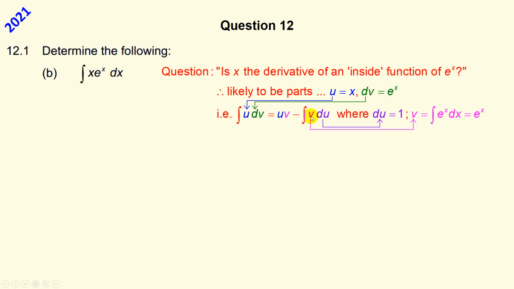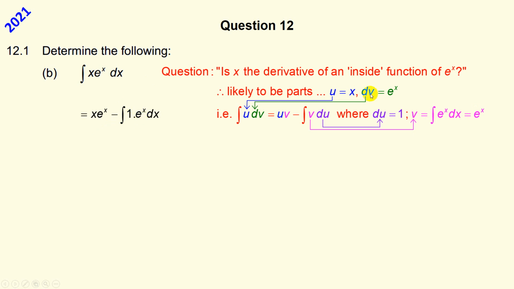And then du, which means we need to differentiate u, which just gives us 1. So, x e to the x, there is uv, that's u and v, minus integral v du.